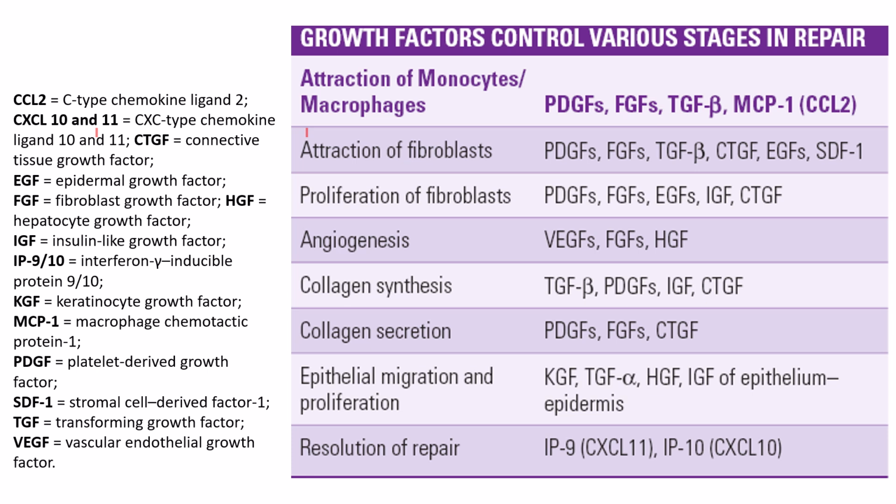The main categories for the healing phases, such as attraction of the monocyte and macrophages, is done by platelet-derived growth factor, fibroblast growth factor, and transforming growth factor beta with macrophage chemotactic protein 1, that is C-C type chemokine ligand 2.